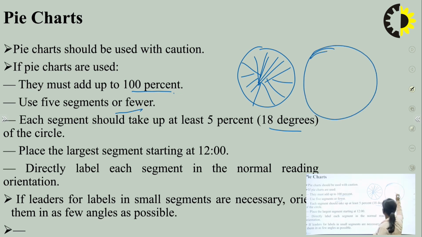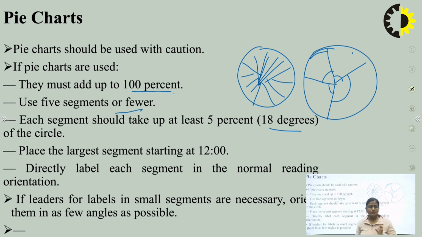So here, if this is the center, then the data we are showing is shown using degrees. This is one of the parts, and what is the angle of that one? If this is the second part, what is the angle of this one? If this is the third part, what is the angle of this one, and what is the angle of this one?